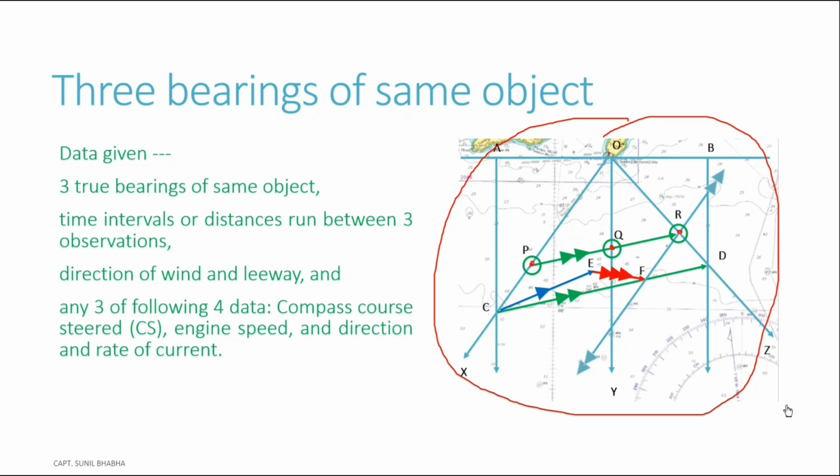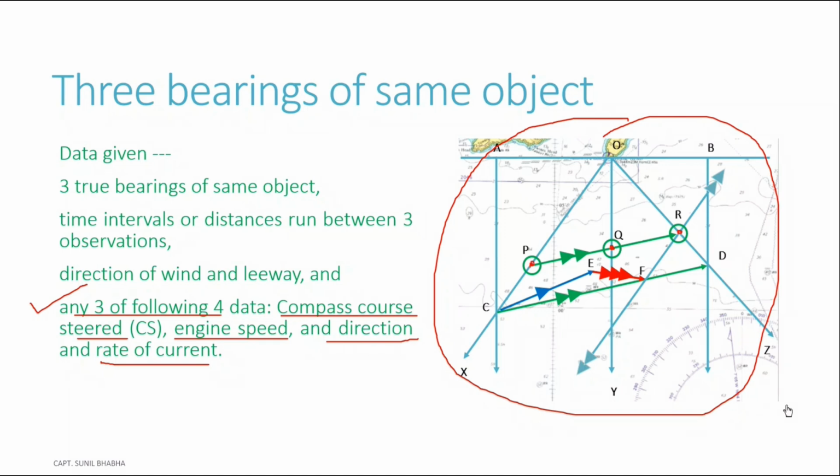And they will give us three data items out of compass course steered, engine speed, direction of the current, and rate of the current. So out of these four data items, any three could be provided to us in the question.